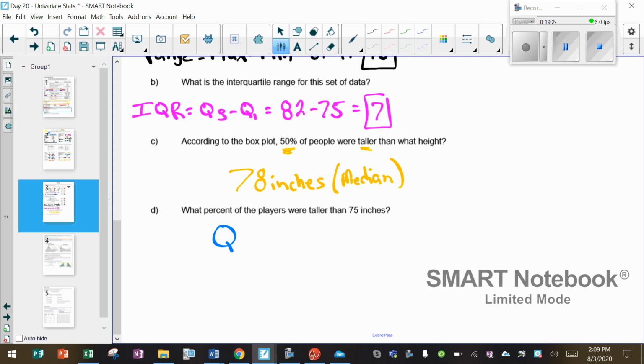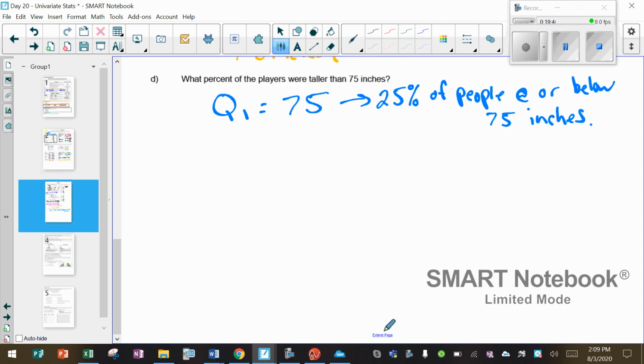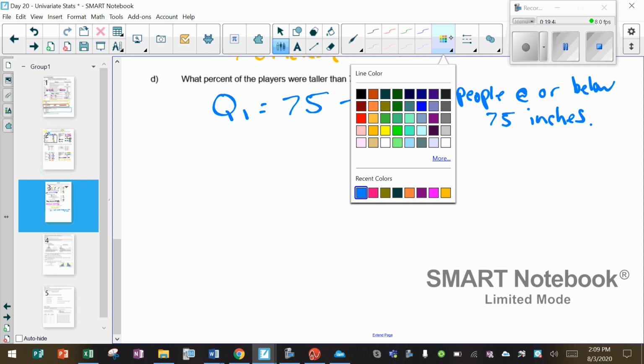So if Q1 is at 75, that means that 25% of players or people are at or below 75 inches. But this asks what percentage of people are taller than 75 inches.